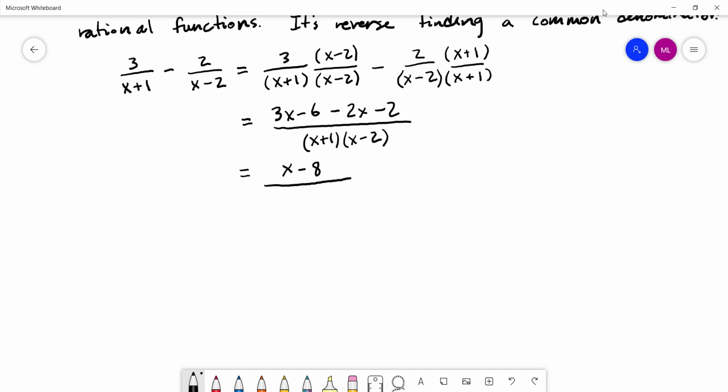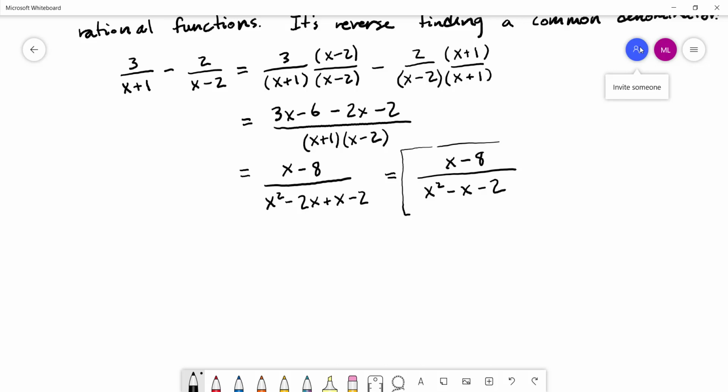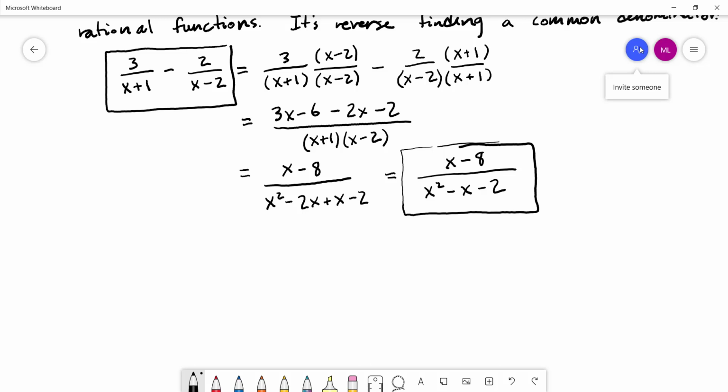On the denominator, when I FOIL this out, I'll get x squared minus 2x plus x minus 2, which simplifies to x squared minus x minus 2.